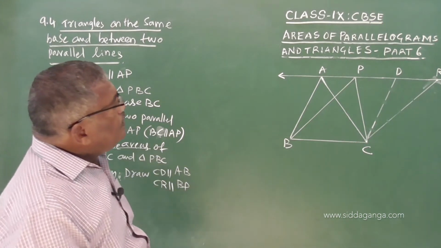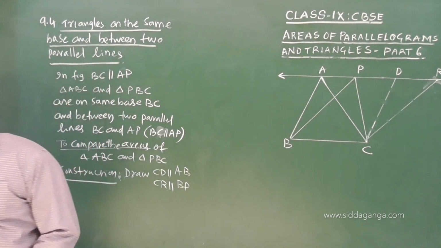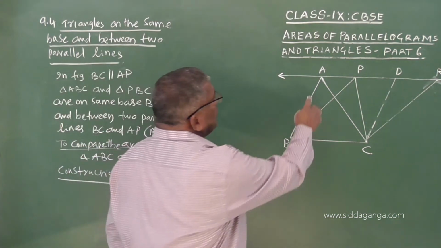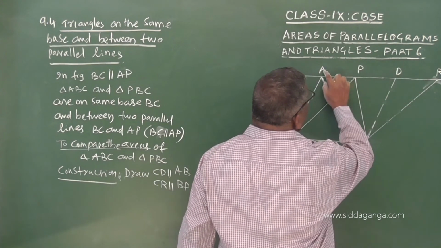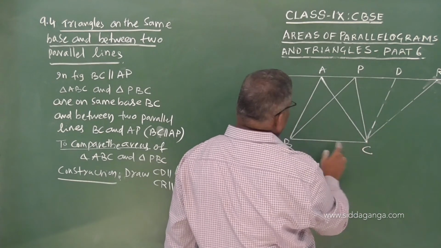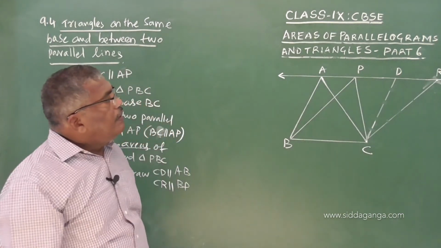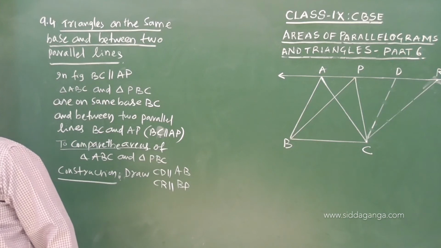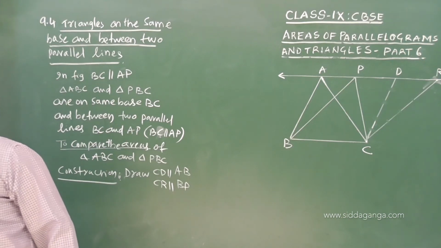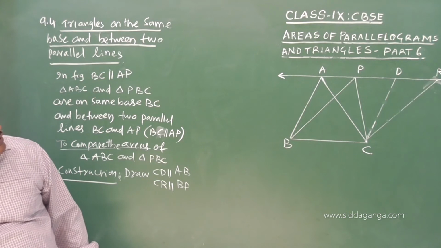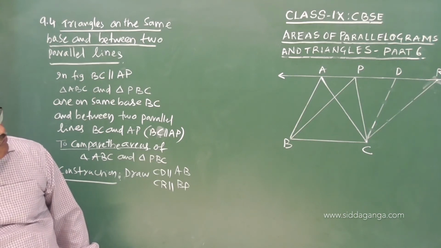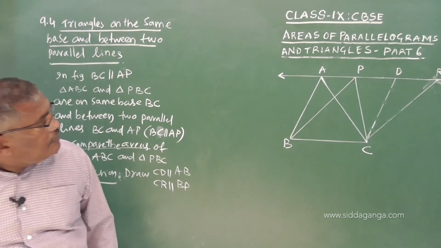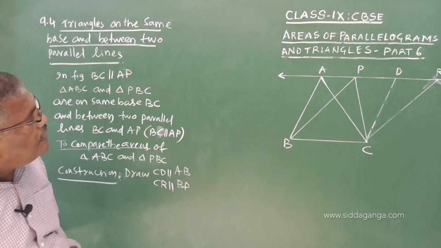So now we have two parallelograms in the diagram, that is ADCB and PRCB.